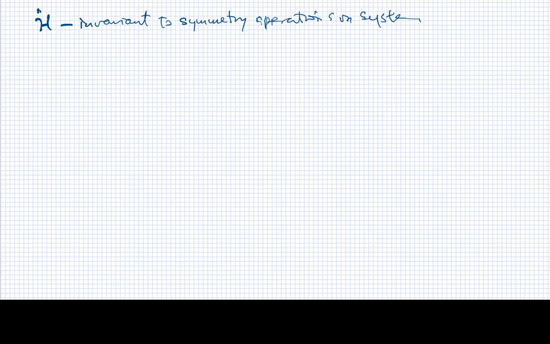So what does that mean? Well, if I write my matrix element, or my evaluation of H_ij, it is psi i, H, psi j, and that's simply going to be the integral of psi i star H psi j d tau.